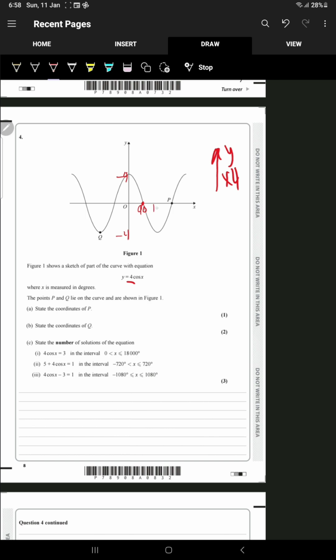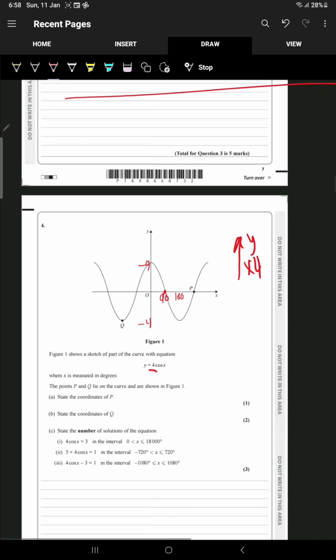This one is going to be 180, which is the minimum. And this is going to be 270 degrees. This one over here, the maximum, is going to be 360. You should know this.